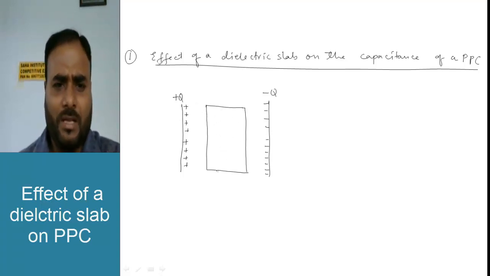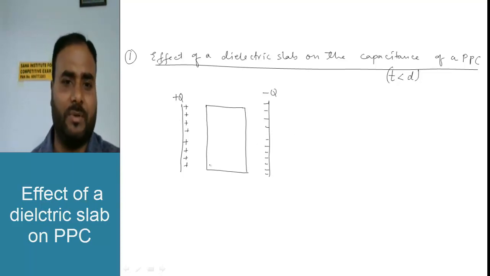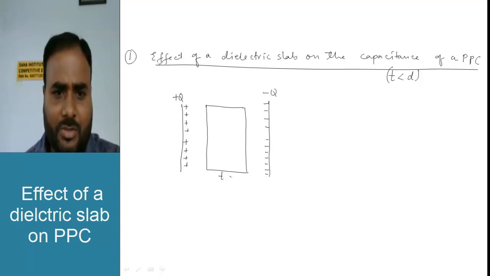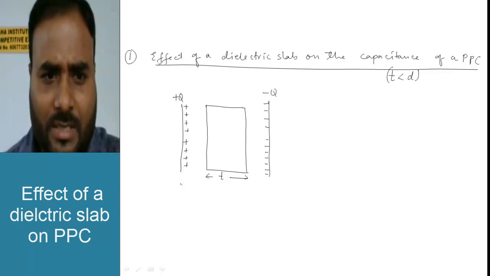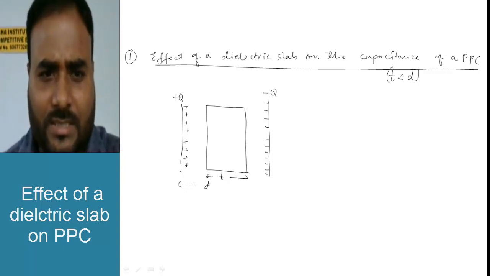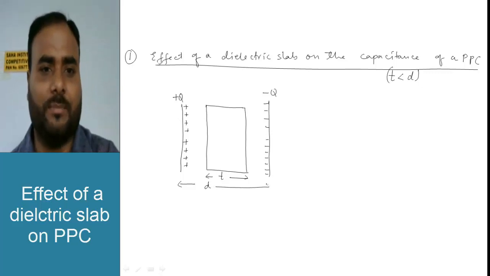Now let us take a particular case when the thickness of the slab is less than the separation between the two plates in the parallel plate capacitor. I mean to say, this t is the thickness of the slab, whereas d is the separation between the two plates of the parallel plate capacitor.